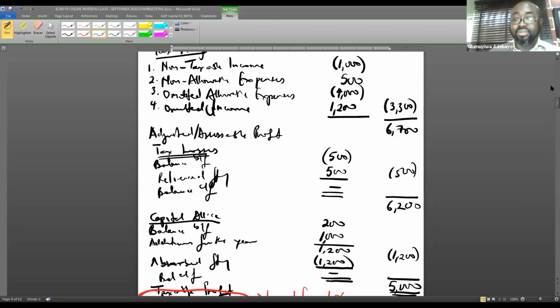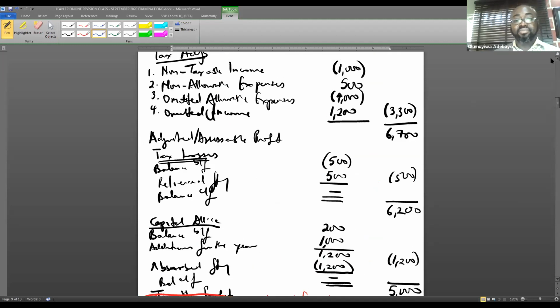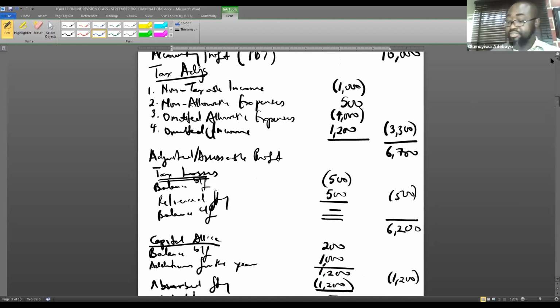If you remember, tax adjustments, that is the first one, which can come in 4 variants. The second one is adjustment for tax losses. And the third one is issued as surrender capital allowance.